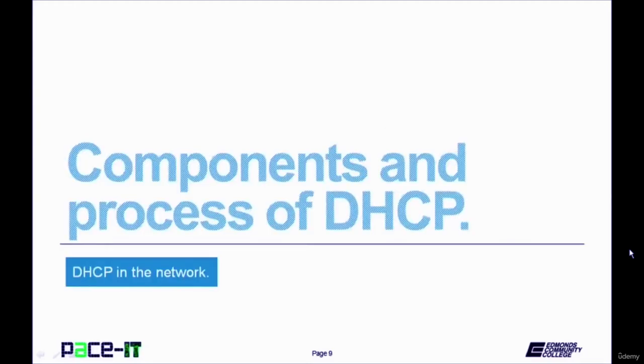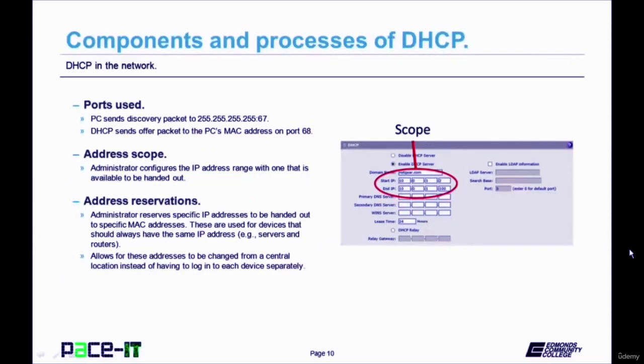Now let's talk about components and the process of DHCP. We're going to begin by talking about the ports used. Now I already mentioned this once, but I'm going to mention it again because you need to know this. The PC sends its discovery packet out on the broadcast address 255.255.255.255 on port 67.